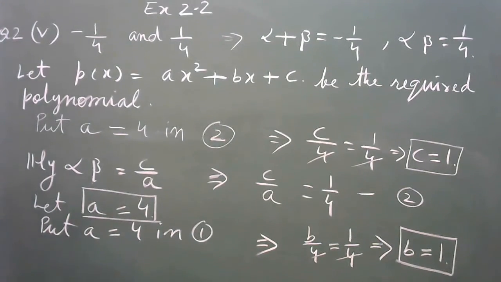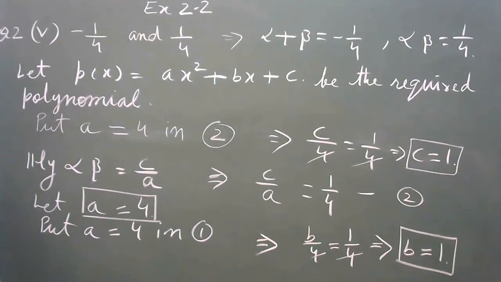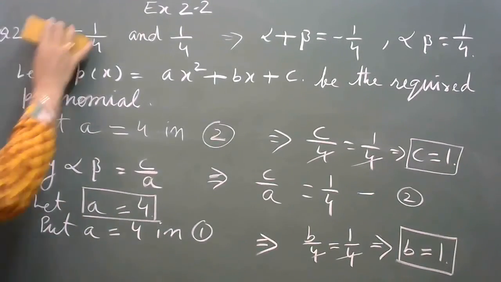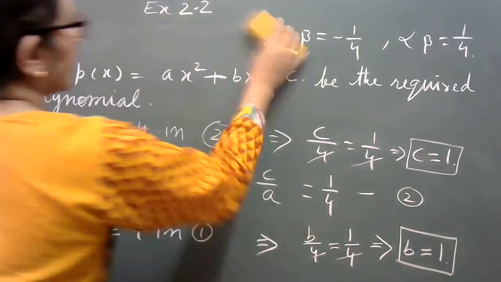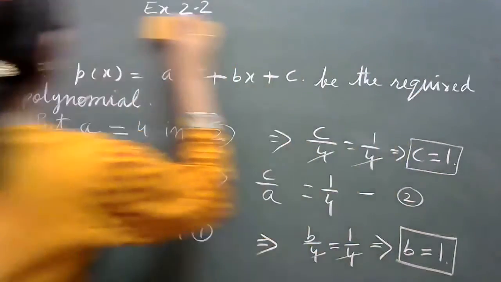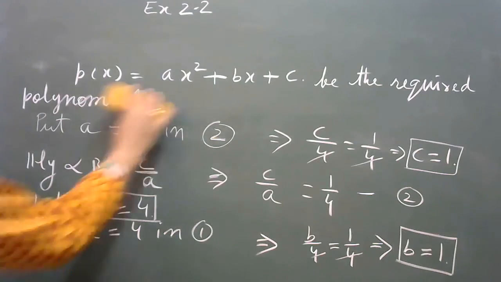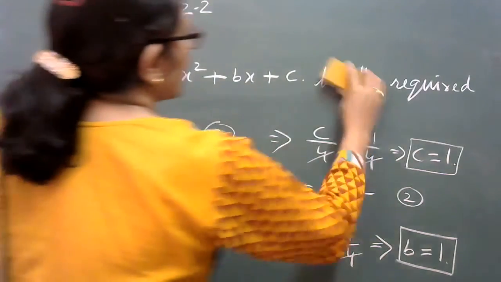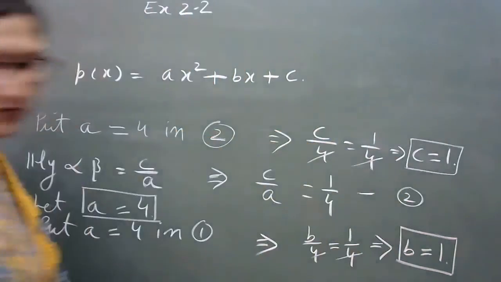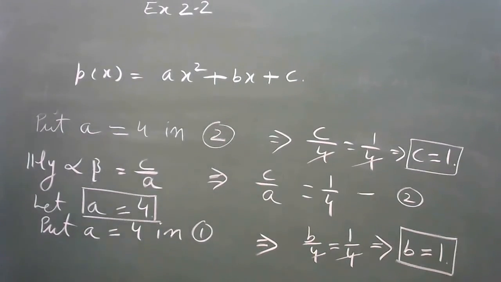Now we have to frame the final equation, that is P(x). So substitute these values in P(x). We know P(x) is ax square plus bx plus c. So in this equation, when we put their values, we will get the final polynomial.